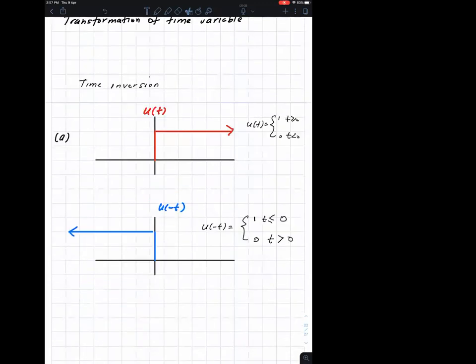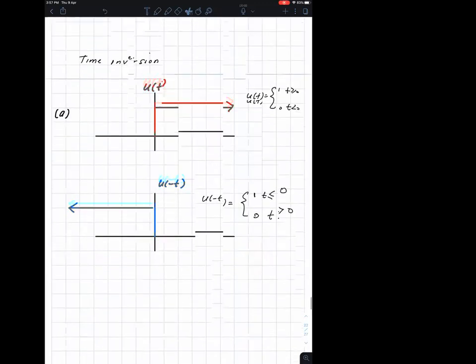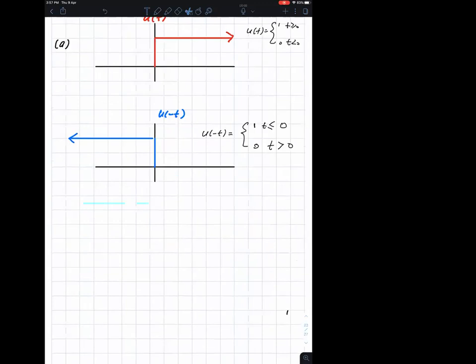So the next property is called time scaling.